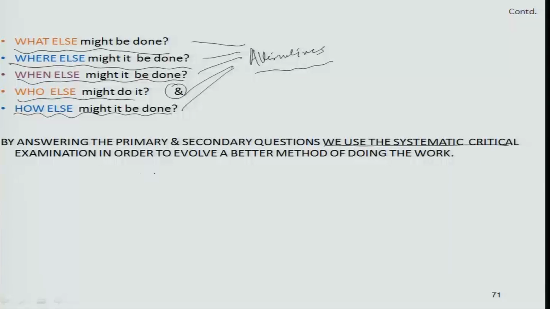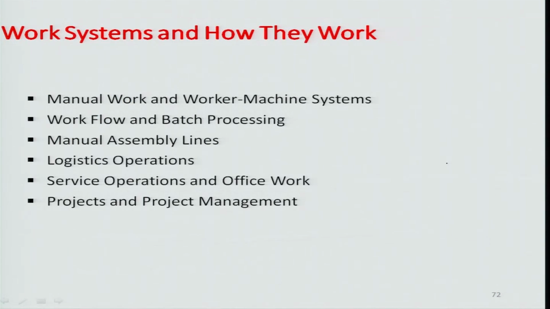The whole framework is how you could improve the output input ratio, and therefore the question of what is an alternative solution which is probably better than the solution that exists is very important for a person to get a feel of how to redesign the particular work system. Okay. So, by answering the primary and secondary questions, we use a systematic critical examination in order to evolve a better method of doing the work, and that is exactly what you want to implement, and see what the outcome or result is.